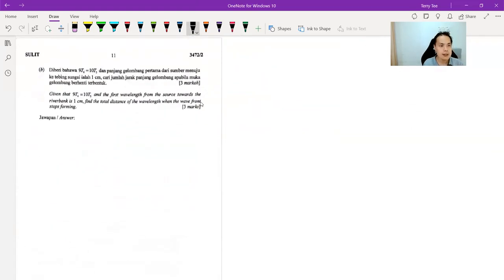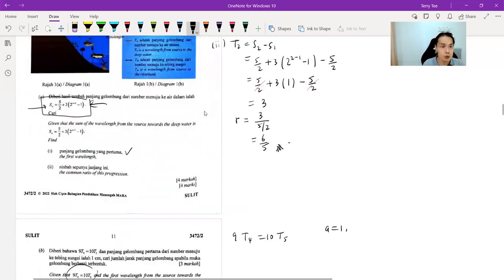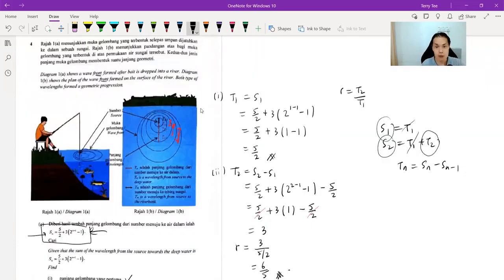It is given that 9T4 is 10T5, and the first wavelength from the source towards the riverbank is now 1 cm. That means I know my A is now 1. We're supposed to find the total distance of the wavelength when the wave front stops forming. You see, the first time you put the bait into the water, you have what we call a waveform.